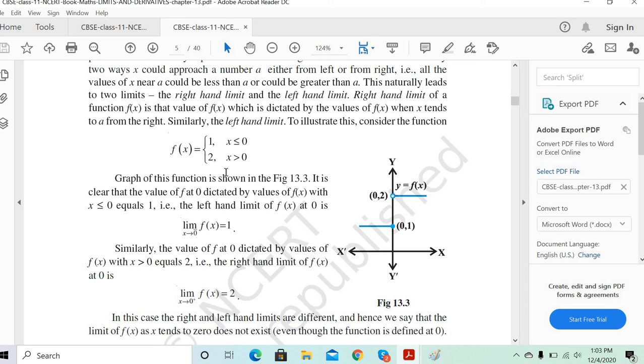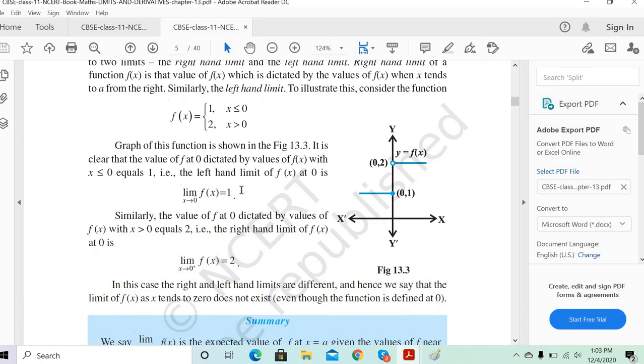So the second line which you see, limit x tends to 0 minus f of x is equal to 1. That means you are coming from the negative x-axis towards 0. 0 minus means you are coming from the left hand side towards 0. Limit x tends to 0 plus means you are coming from the right hand side to 0.